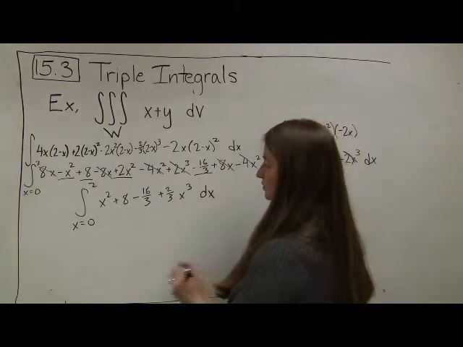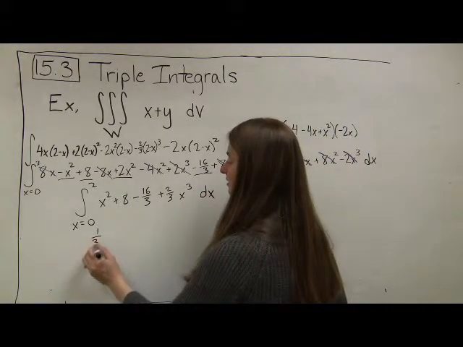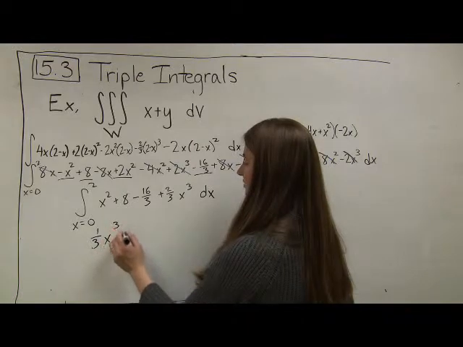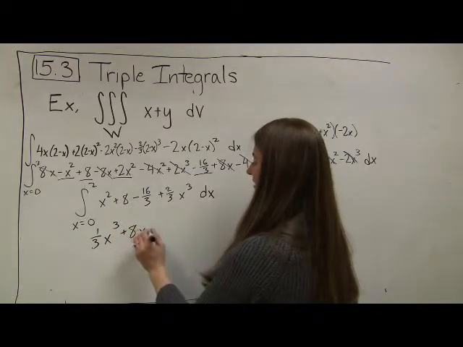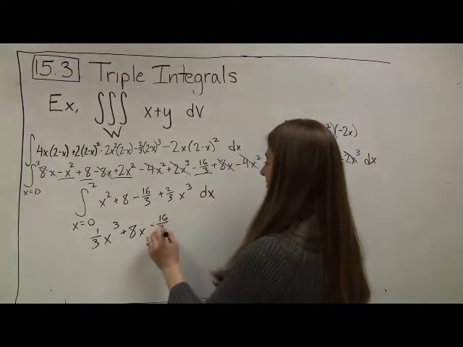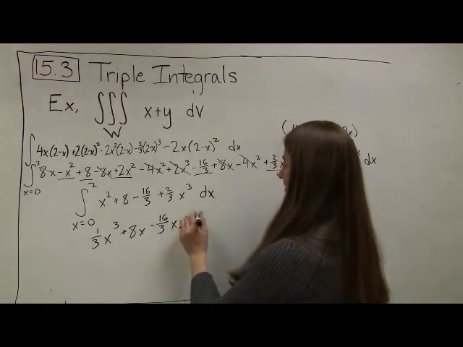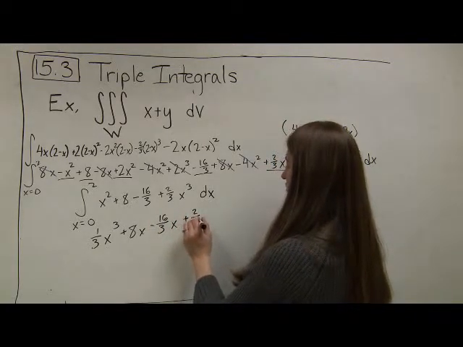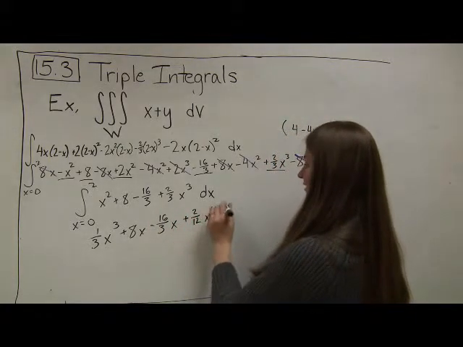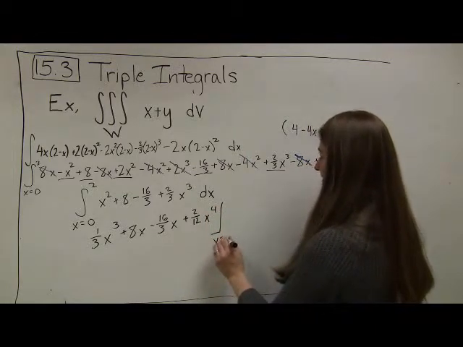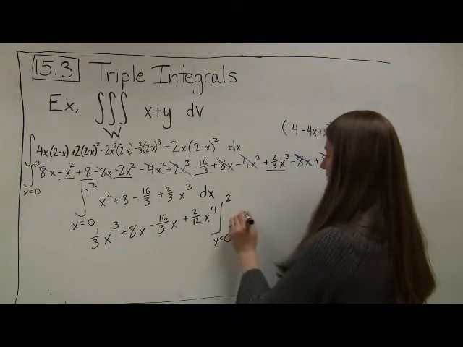So I integrate this with respect to x, and I get 1/3 x cubed plus 8x minus 16/3 x plus 2/12 x to the 4th, all evaluated as x goes from 0 to 2.